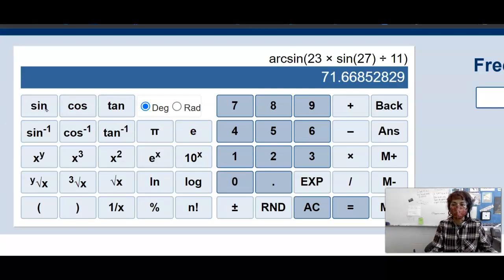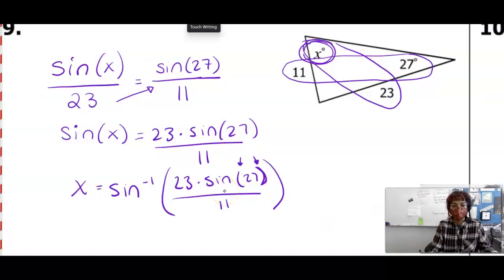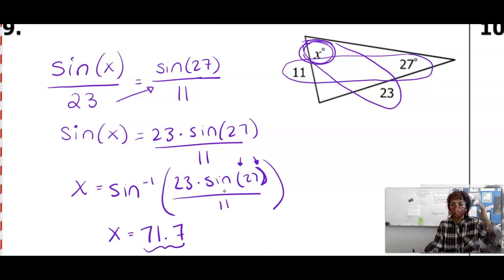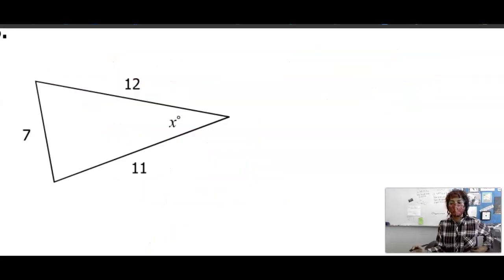You get 71.6, so equals 71.7 because, sorry, we want 3 significant figures for IB. Okay? You're so smart.